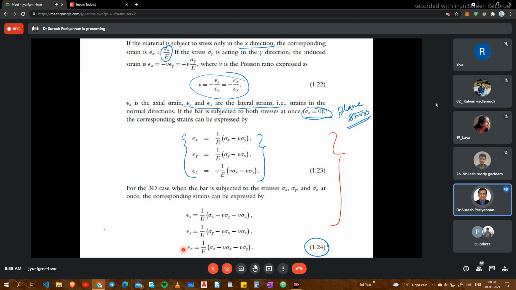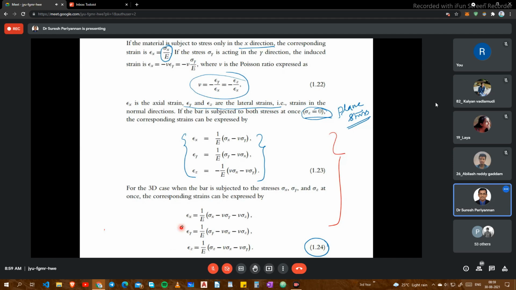Here the strain with respect to the x direction, while considering all the stress components: epsilon x equals 1 by E times sigma x minus mu into sigma y minus mu into sigma z. Right? Now with respect to epsilon y, we are considering all the stress components for finding the strain. Now with respect to the z direction strain, again considering all the stress components. Now this is the total net strain, epsilon x plus epsilon y plus epsilon z. The summation gives the total or net strain.